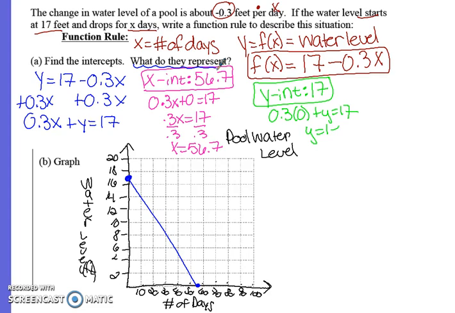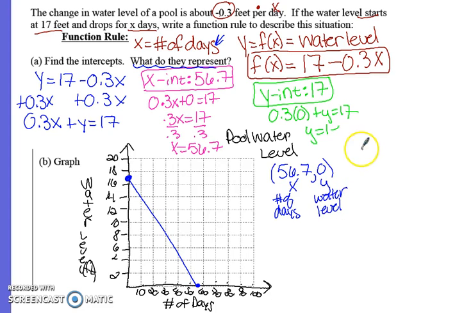If my x-intercept is 56.7, I think it's easiest to look at it as 56.7, 0. This is x, this is y. So that means x is the number of days, and y is the water level.